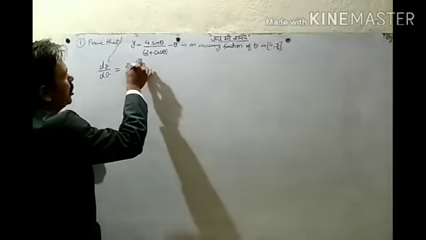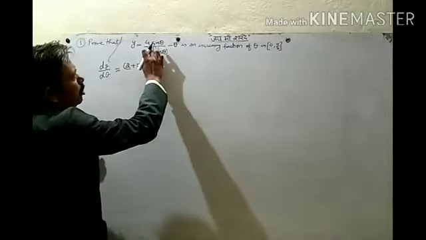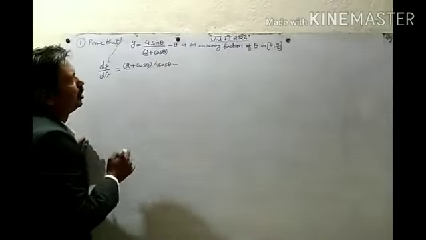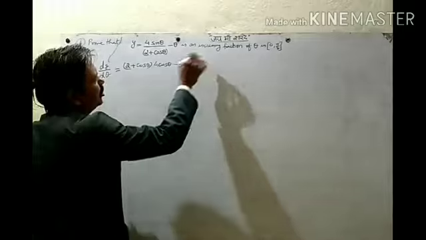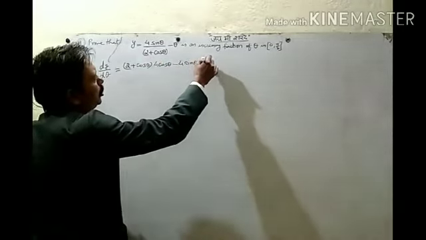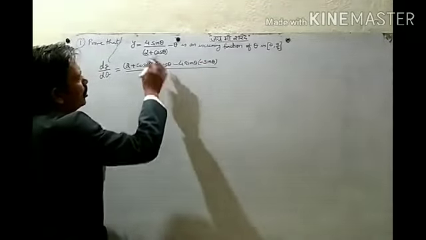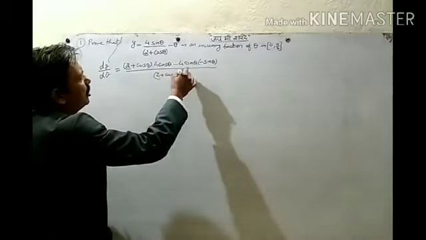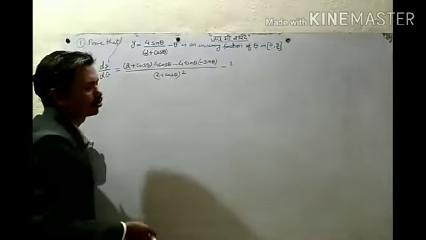So denominator 2 plus cos theta as it is into the derivative of the numerator, which is 4 cos theta, minus 4 sin theta, numerator as it is, into the derivative of the denominator. So the derivative of 2 plus cos theta is minus sin theta, upon denominator square, so 2 plus cos theta square, minus the derivative of theta, which is 1.